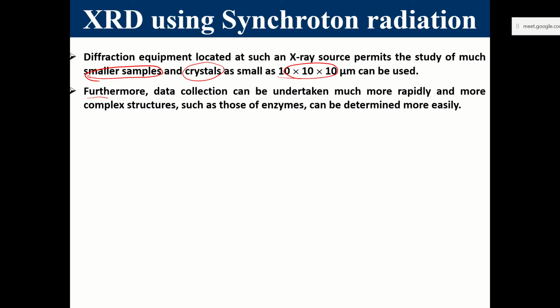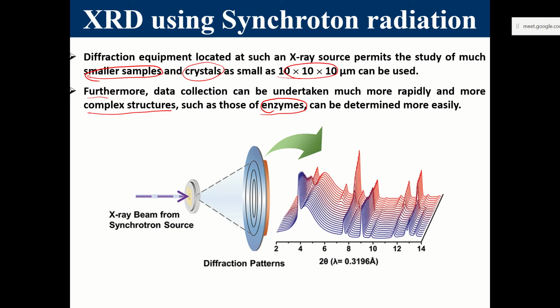Further, it will also help you in taking biologicals like enzymes, which are very difficult to do. The X-ray diffraction of proteins and enzymes is difficult, and for such complex structures you need synchrotron radiation. So many biological structures, if you want to study through X-ray diffraction, this is what will be required.